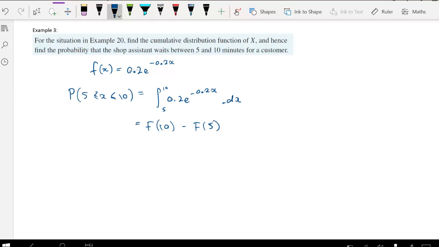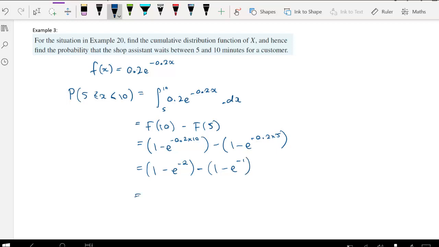So if I use the cumulative distribution function, that will be 1 take e to the negative 0.2 times 10 subtract 1 take e to the negative 0.2 times 5. And so that is 1 subtract e to the negative 2 subtract 1 take e to the negative 1.